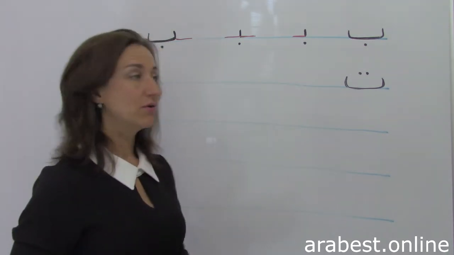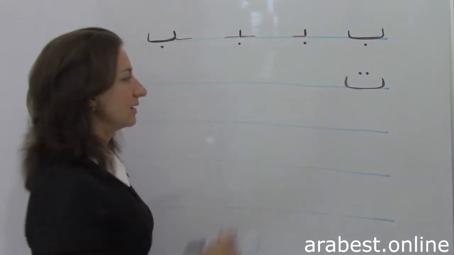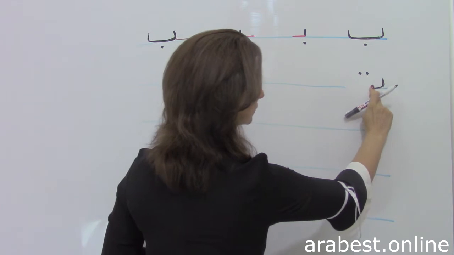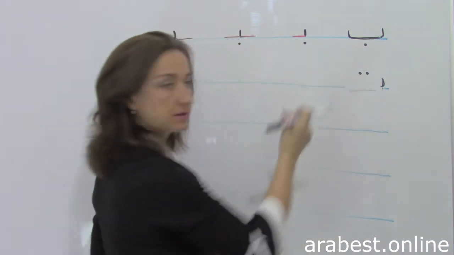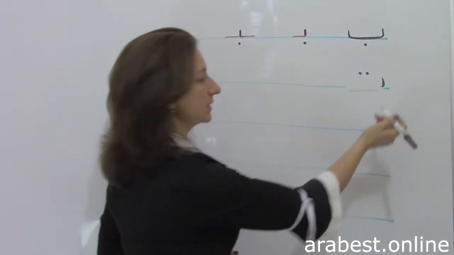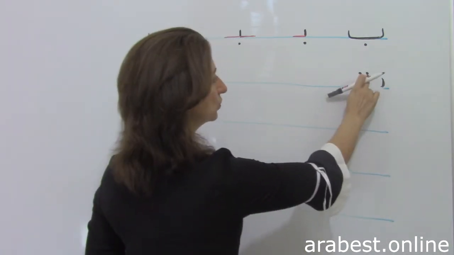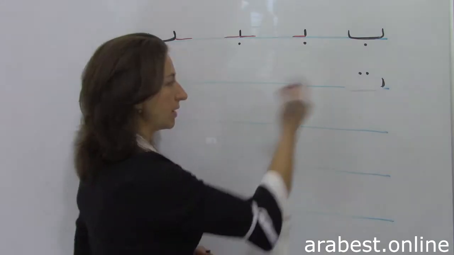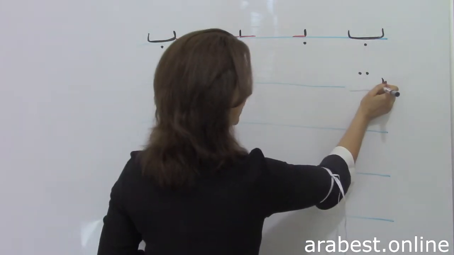In the beginning of a word, letter ta will lose most of its parts. So we will have just the stick and two dots above, which will run above the stick.